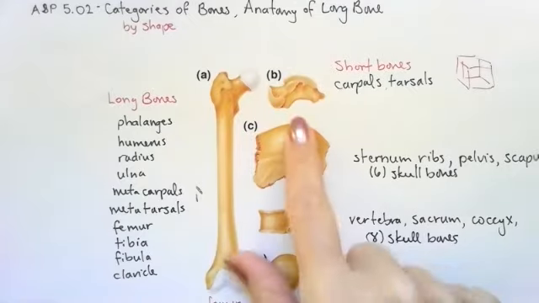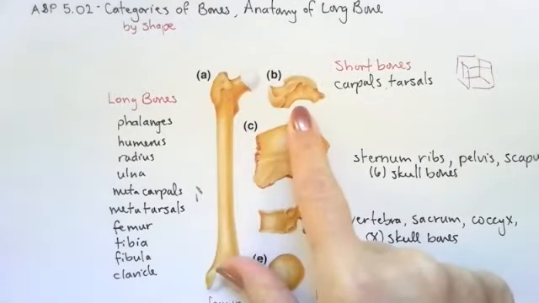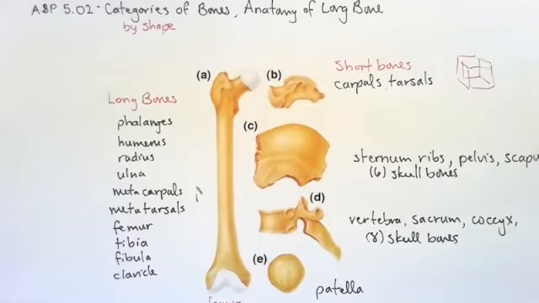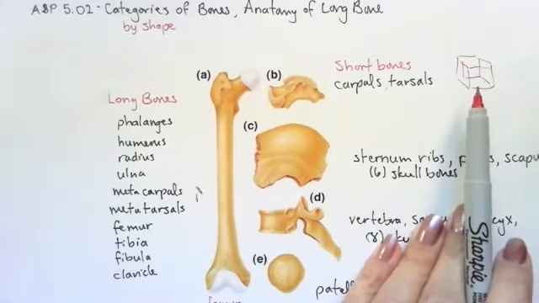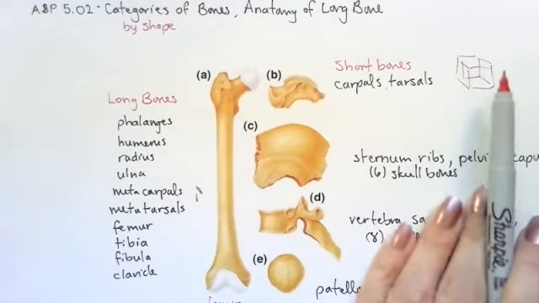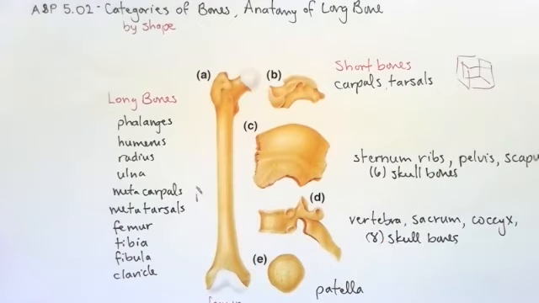The reason is that our wrists and our ankles have to support an awful lot of force. There's a lot of weight that operates on them, and this is a very stable structure. It's great to have bones shaped like this, unless you break one. It can be really difficult for a short bone to heal because of this block shape, and there are some soccer stars whose careers have ended because they broke a short bone.